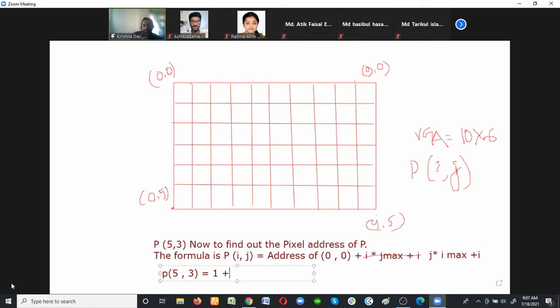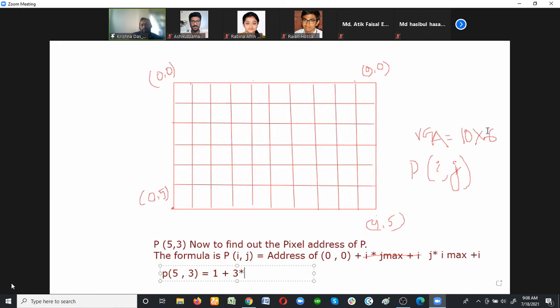Then we go for plus. Then what is the value for j? 3. j is 3, because the coordinate is 5, 3. j into i max. i max is 10.